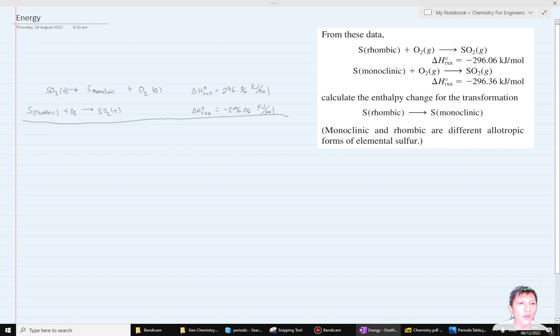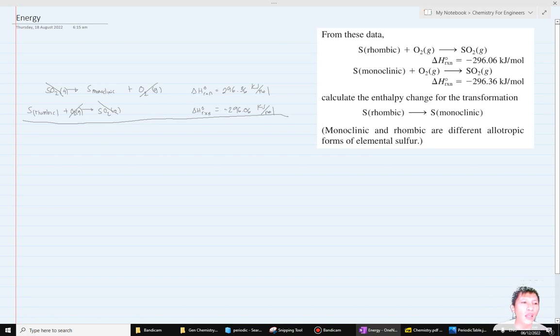Just like this one, SO2 is a product here, and a reactant in the first reaction, and then a product in the second reaction. So we'll just cancel it. We can also see that oxygen gas is a product from the first reaction and a reactant from the second reaction, so we can cancel it. That's the basic rule for addition of chemical reactions.